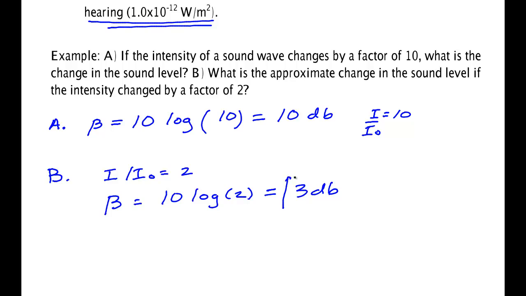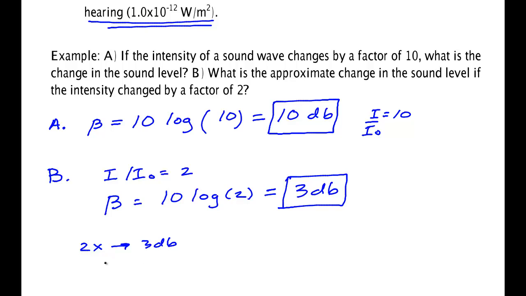This is a scale system, a logarithmic scale system developed as a way to measure sound over these incredibly large ranges. Some things to get you to know: 2x corresponds to 3 dB, 10x is 10 dB, 20x, I'm sorry, not 20x, 100x is 20 dB.